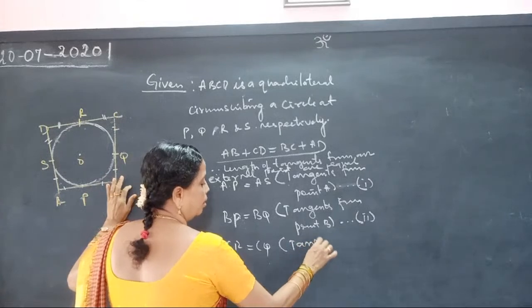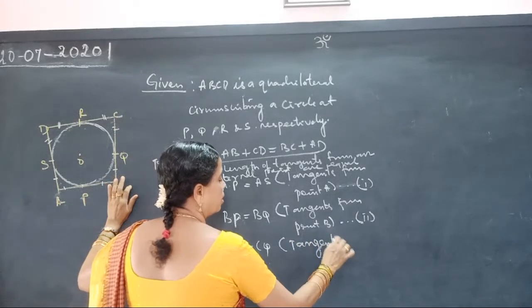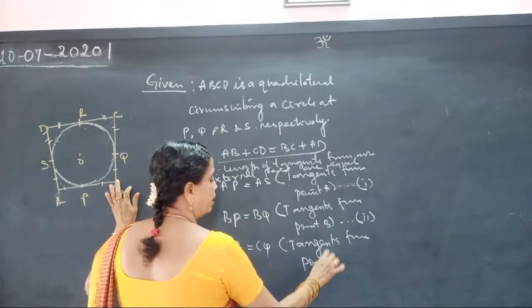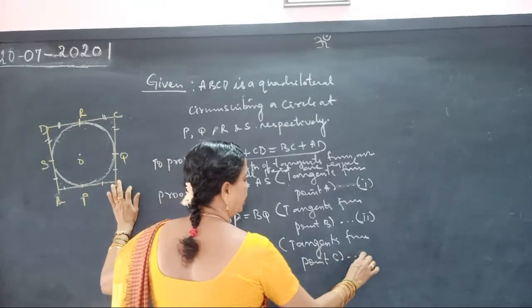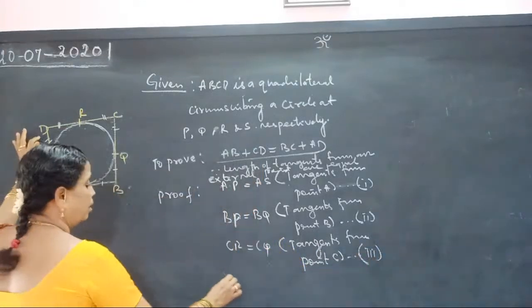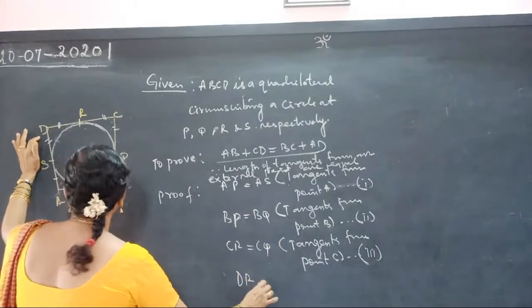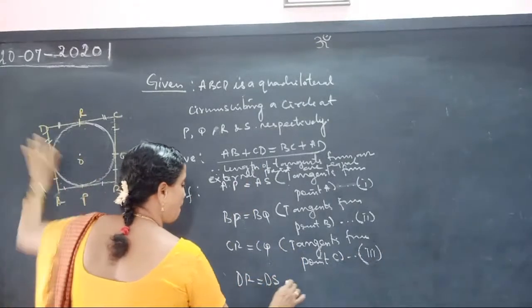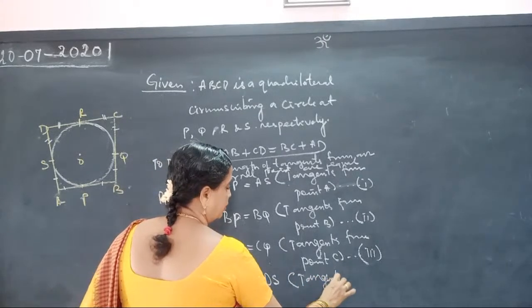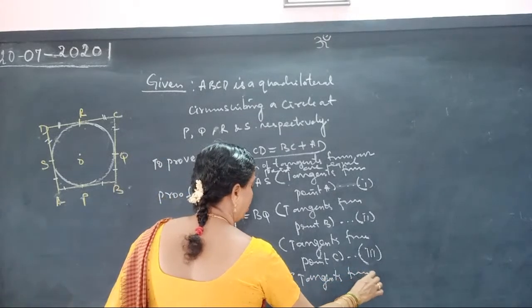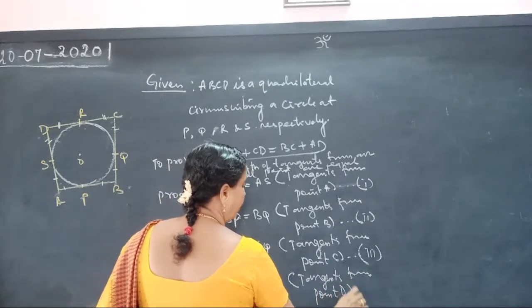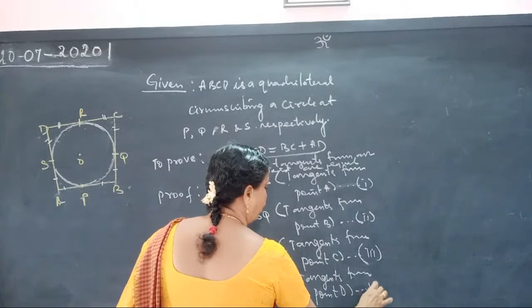Reason: tangents from point C. Take it as result 3. Then DR equals DS, tangents from point D.